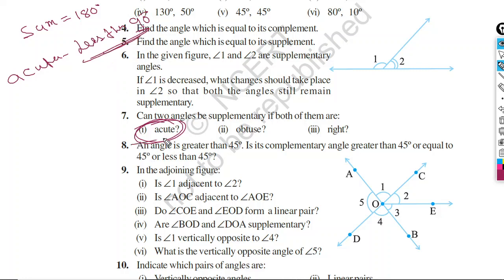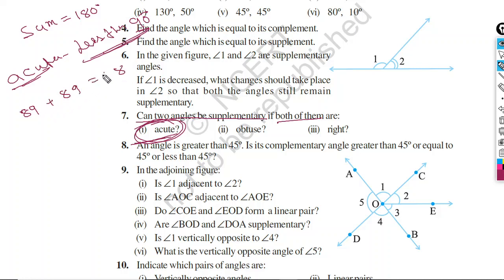Angles must be less than 90 degrees. It is saying, can two angles be supplementary if both the angles are acute? That means both the angles are less than 90. Suppose one angle is 89, and another angle is also 89. Now you add them, what will you get?